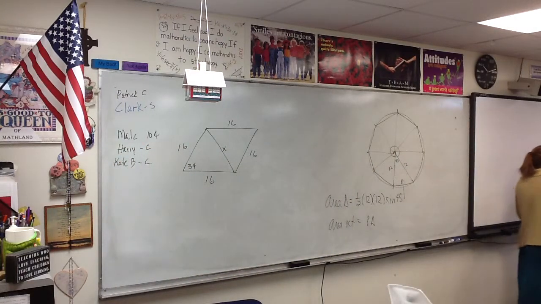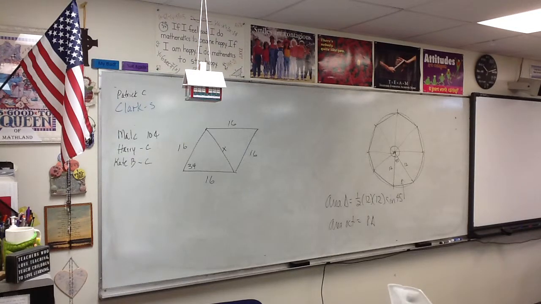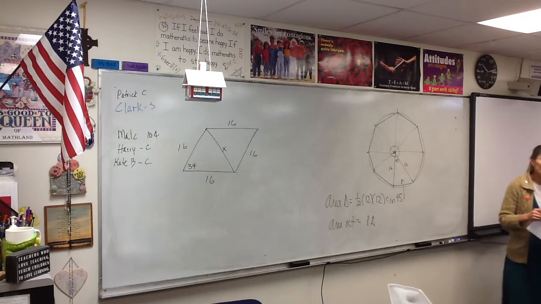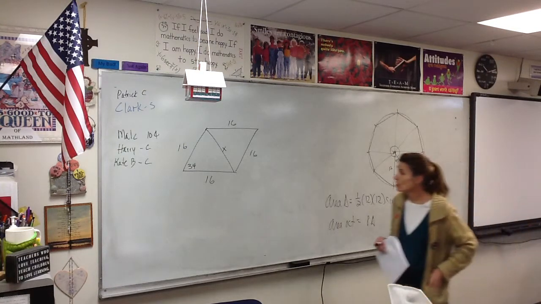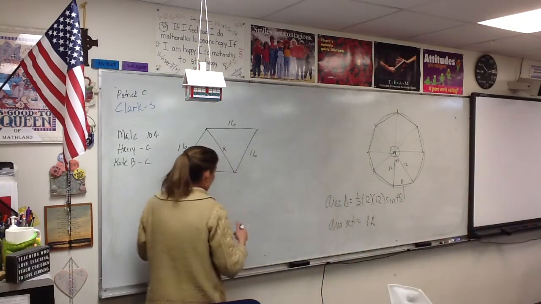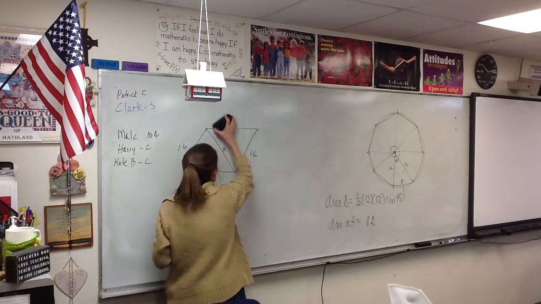Okay. Do you see a triangle in that picture? If you want to find a piece of a triangle, you're going to use the law of sines or the law of cosines. You're not doing area. Okay, wait a minute. Which one is going to work on this triangle? Don't worry about the rest of this stuff.